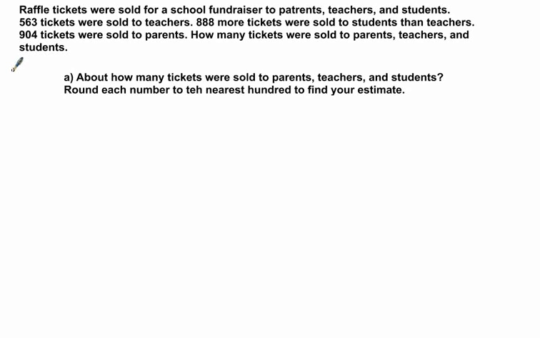Once again, it's very helpful to organize the information in a table and help make sense of it. So I could start with my parts. I can see in my first piece of important information, 563 tickets were sold to teachers.